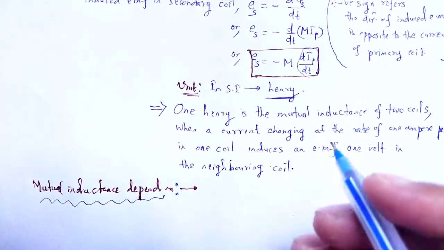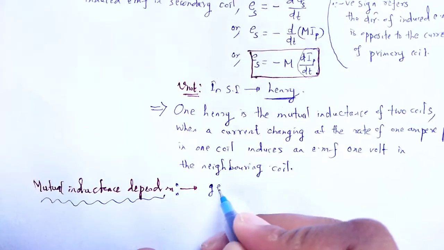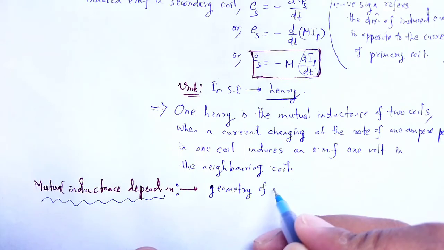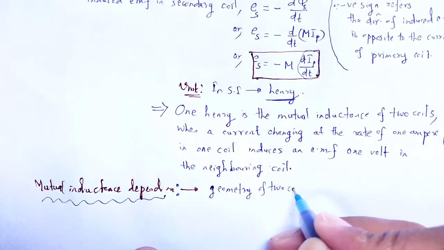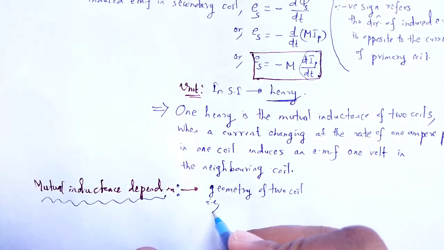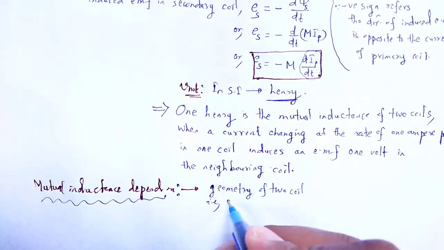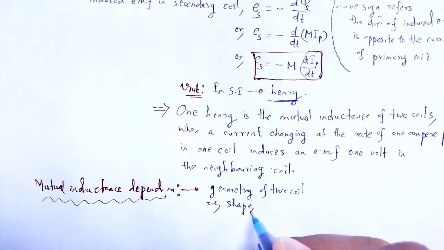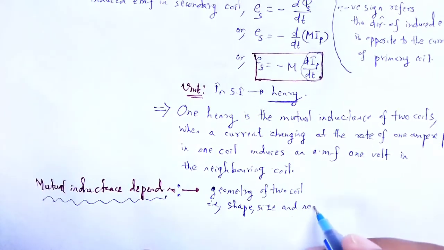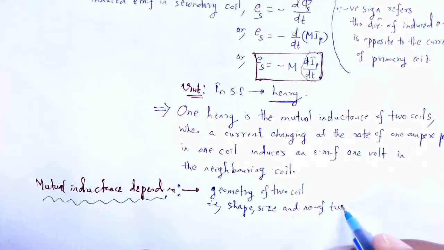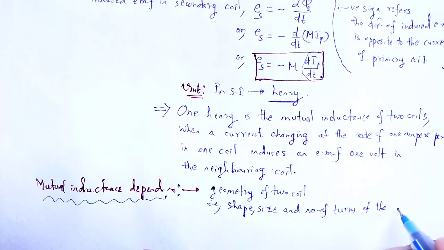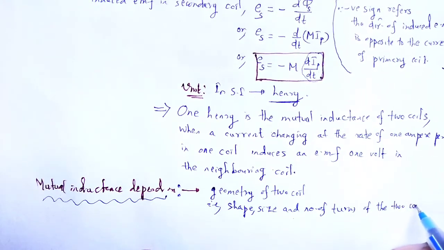First one is the geometry of the two coils. Geometry, in the sense of the shape, size and number of turns of the two coils.